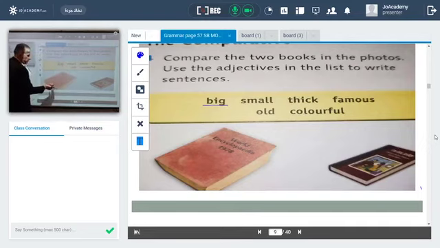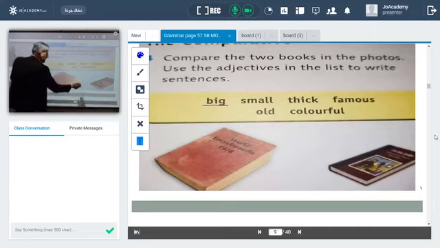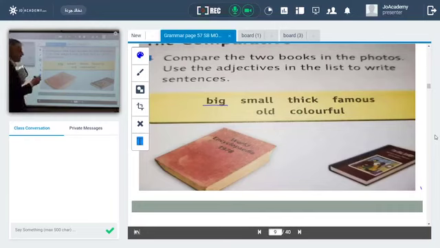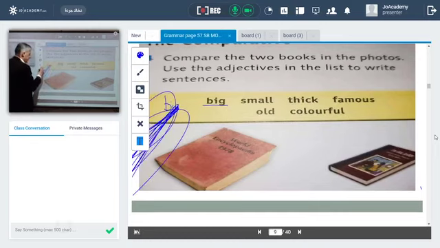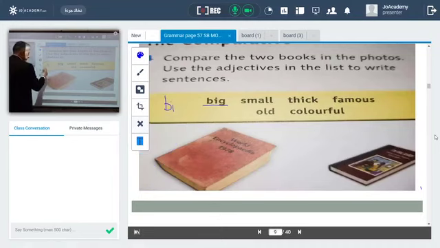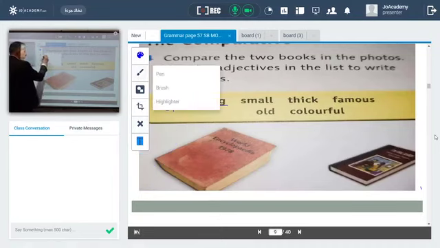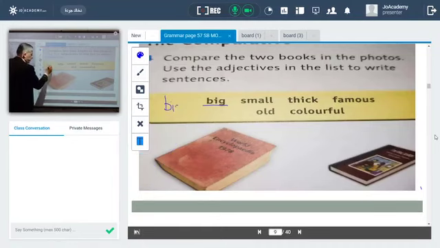So the encyclopedia is bigger than. But notice here with the example, he wrote bigger. How did he write bigger? He made a double G for it, and we will come to that later. B-I double G E-R.